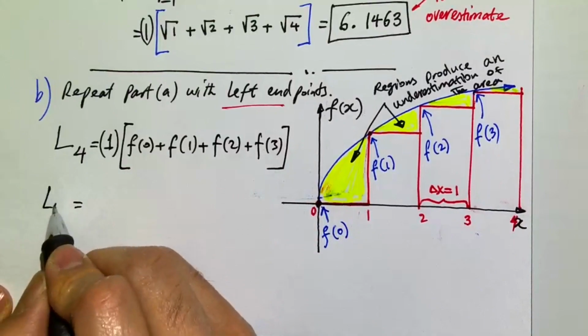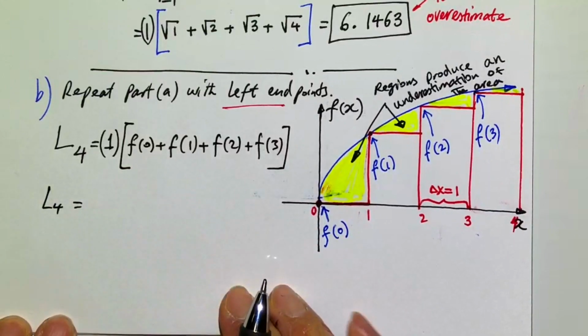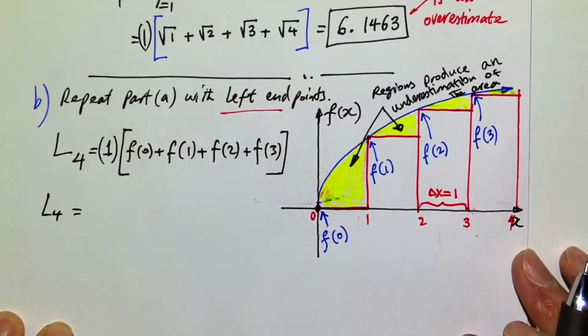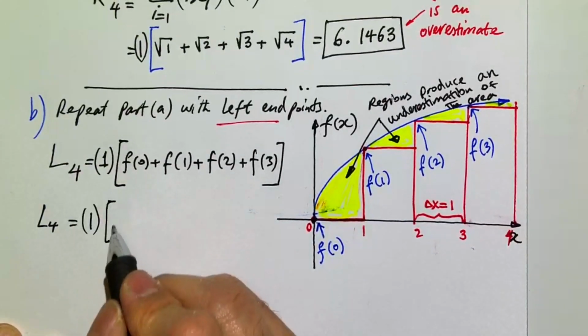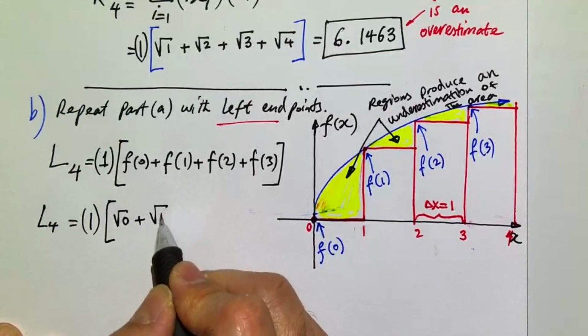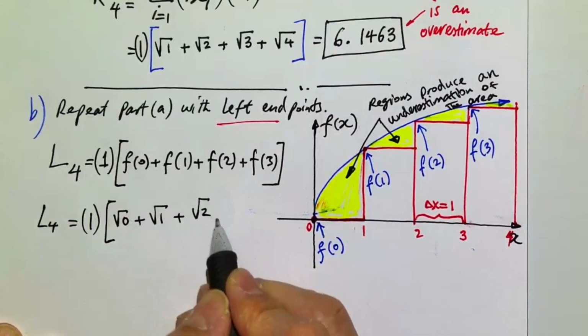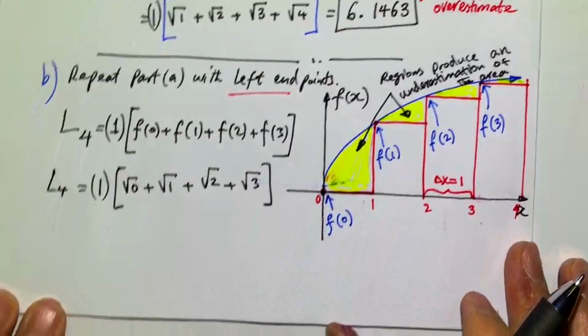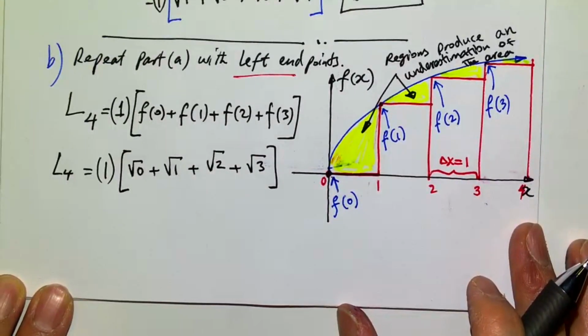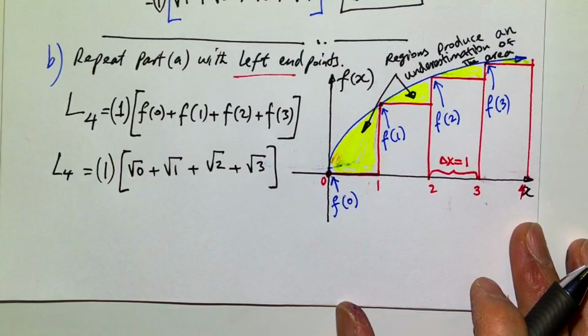And then, of course, the sum is 1 times square root of 0 plus square root of 1 plus square root of 2 plus square root of 3. And according to what I have, I ended up with, let's see, an underestimate.